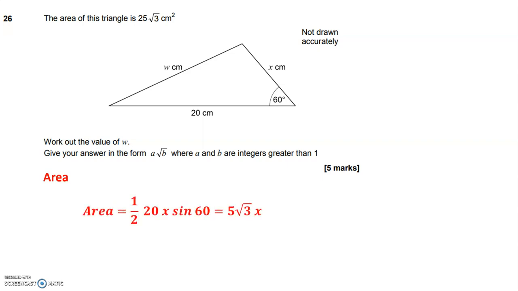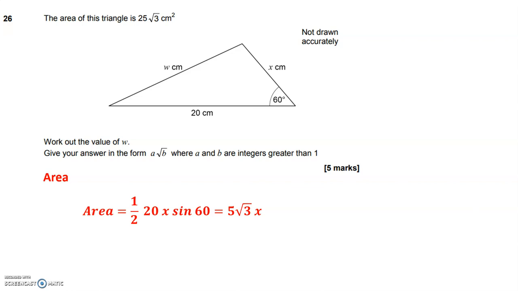Well, first of all, I'll work out an expression for the area of this triangle. Now that will be half times 20 times x times sine of 60. Well, half of 20 is 10, so 10x, and then the sine of 60, that's root 3 over 2, isn't it? So that's going to come out altogether to 5 root 3x.